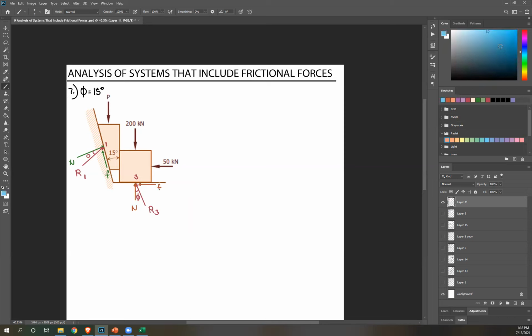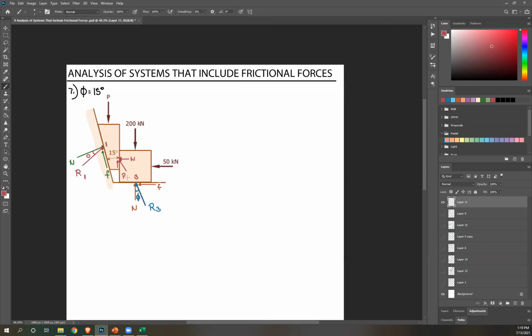And let's use this. So what's going to happen here? This is your N, considering just this block. This is the N, and then this is going to move downward, so friction force is upward. This is the R for this block. Let's call that R2.